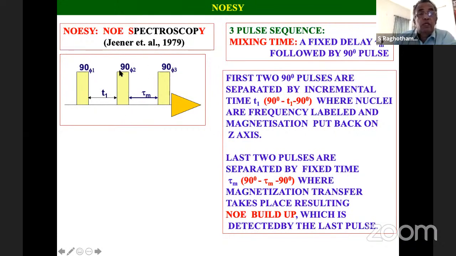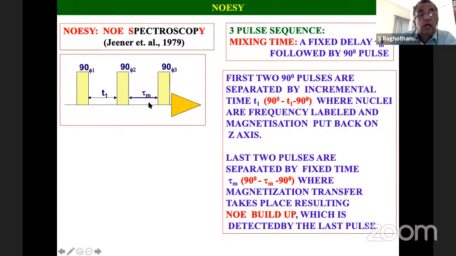So that is where the phases come in. If you apply from X, it could be minus X, and these are all the details. Now, once they are all flagged and identified, who is who, they are put back to the Z direction, in the longitudinal axis, and then they are allowed to mix during this time.